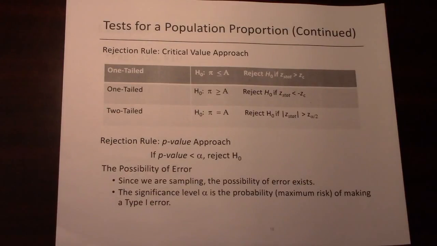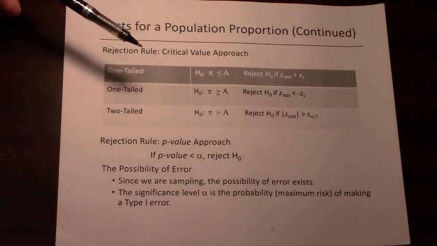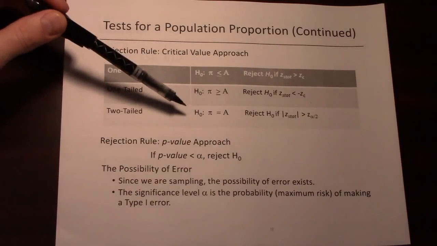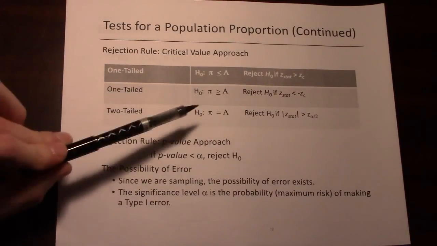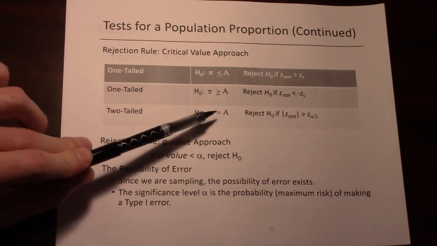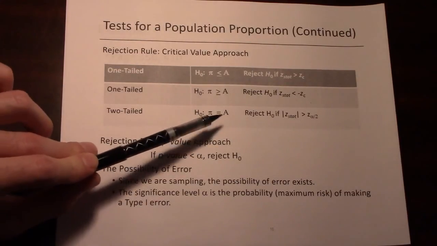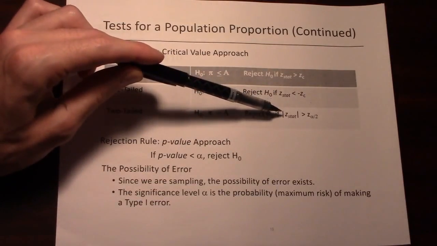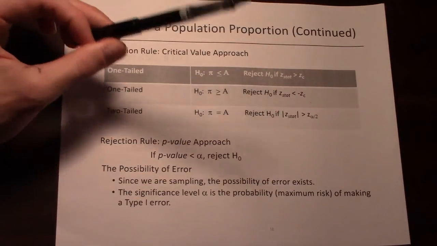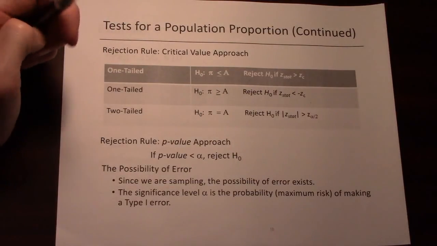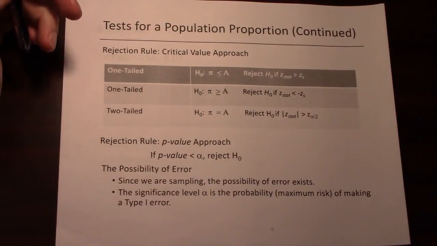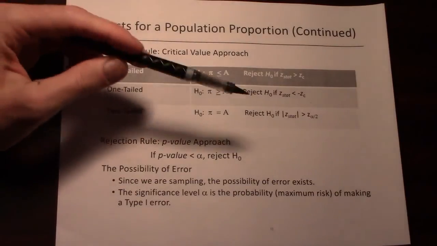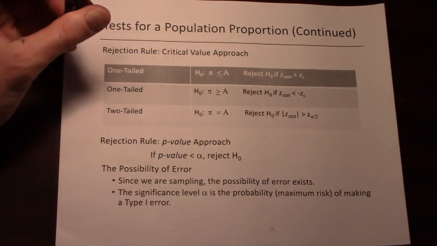We're going to set up the critical values the same way for a population proportion. And let's go straight to our two-tailed test. If our null hypothesis is that the population proportion equals a certain amount, say 44% of people support Donald Trump, if the absolute value of the z statistic we calculate is greater than the critical values we come up with based on whatever significance level we are comfortable with, then we're going to reject that null hypothesis.